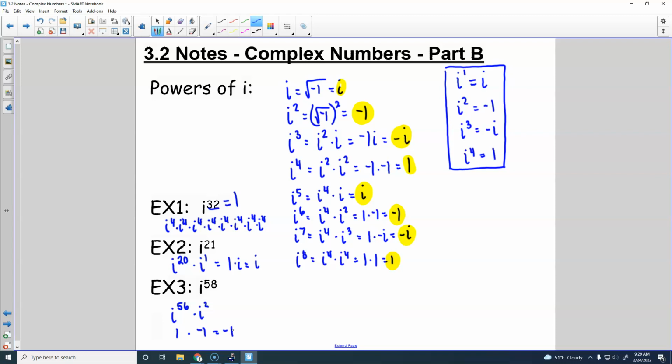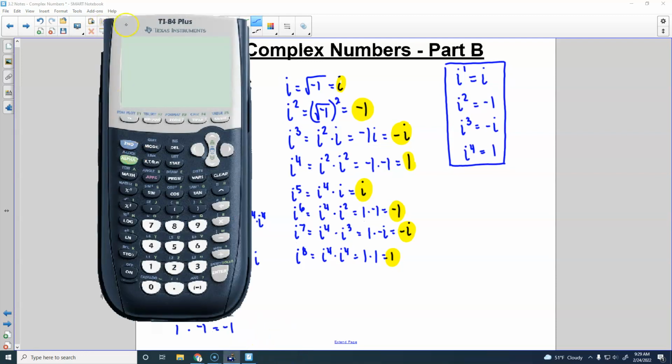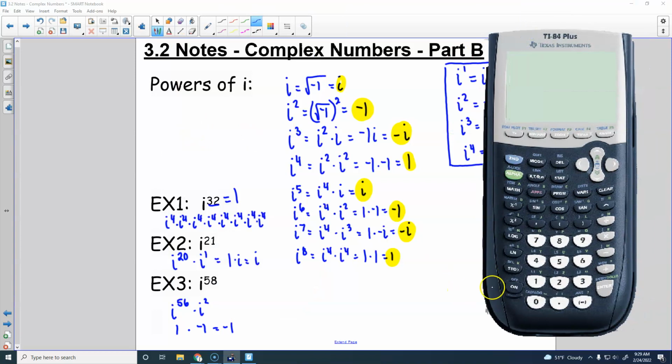If your exponent is divisible by 4, then your answer is just going to be 1. If it is not divisible by 4, then you are going to break it down. And another thing that can help you when you're checking this: if you check that exponent 32 divided by 4, you get 8. It's divisible, so it's going to be 1.